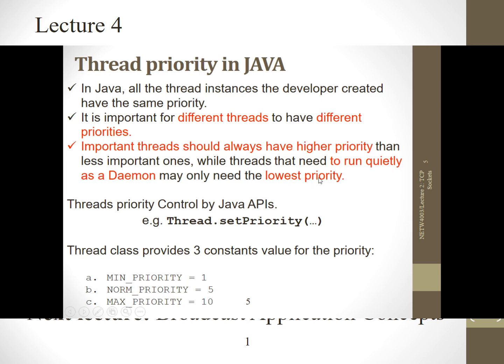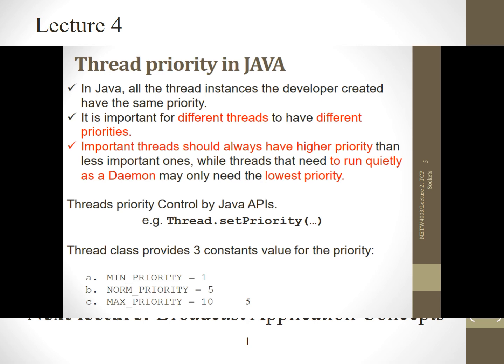So let's see how many priorities we have and what constant values will be assigned in the API in order to set the priorities for these threads or instances. It says the thread class provides three constant values. What are the values? 1, 5 and 10.